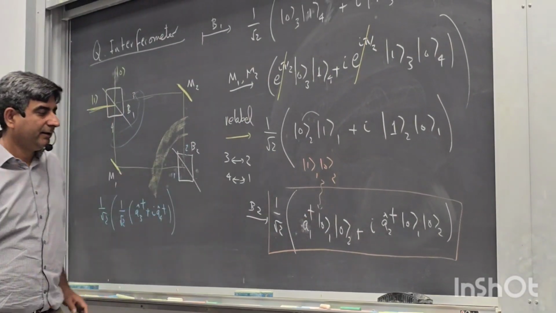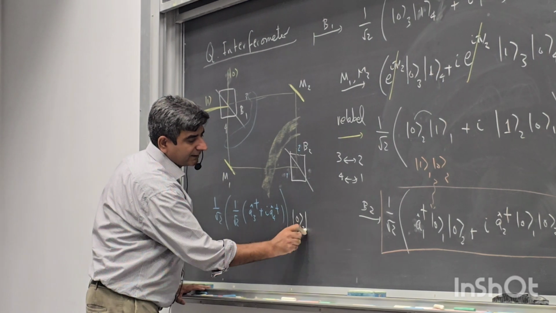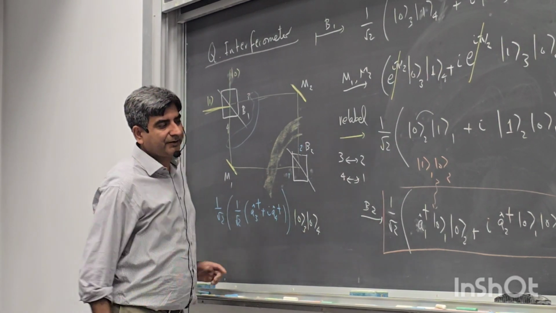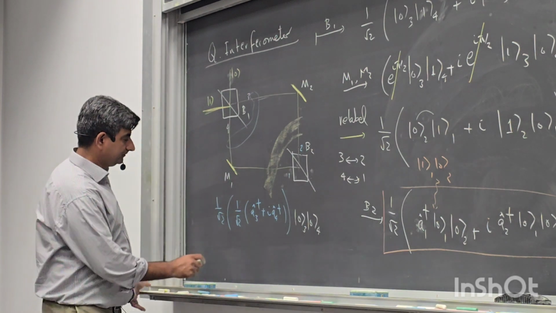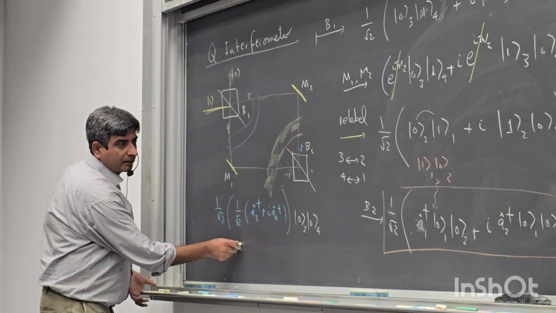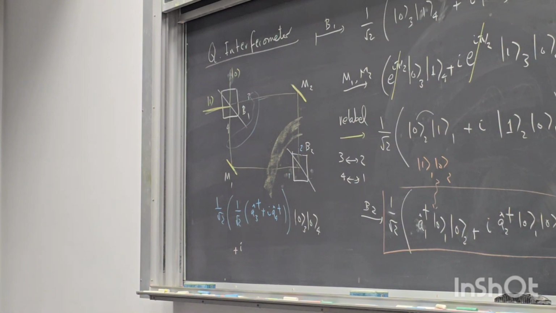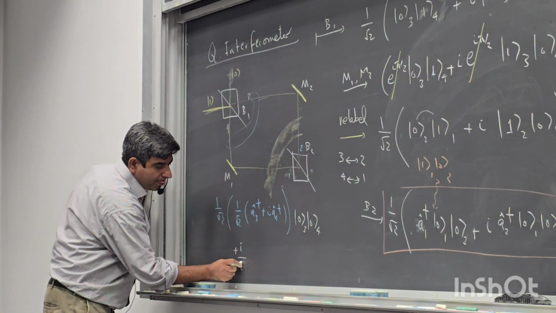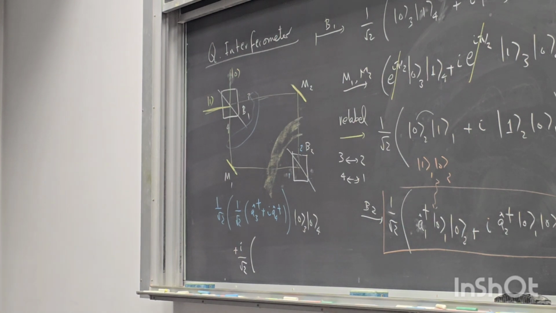This part is simply |0,3>, |0,4>, correct? This part. Plus iota A2 dagger. A2 dagger is 1 over root 2 plus iota A3 dagger.